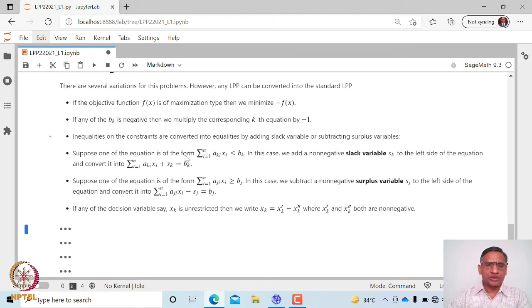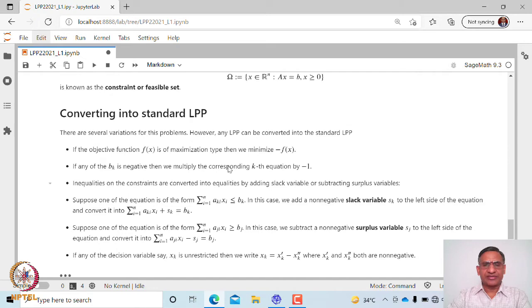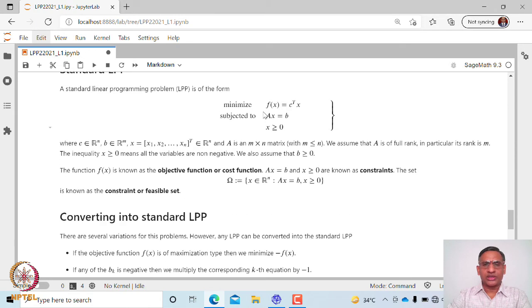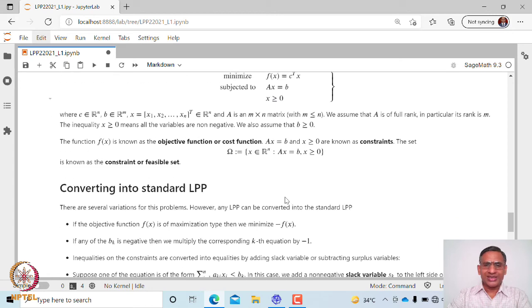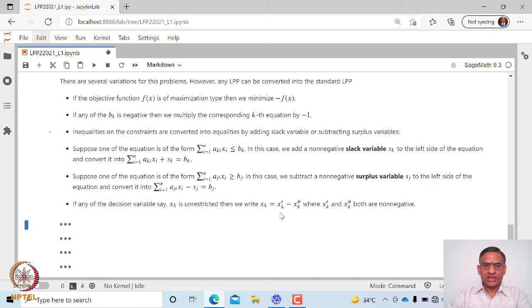Now by doing this, we have converted all the less than equal to and greater than equal to constraints into equalities. But it's also possible that some design variables, see, our requirement is that all the design variables x1, x2, xn should be non-negative. So in case any of these design variables is, let us say, unrestricted, it can take any value, positive or negative. That means it takes a real value. In that case, let us say xk is unrestricted.